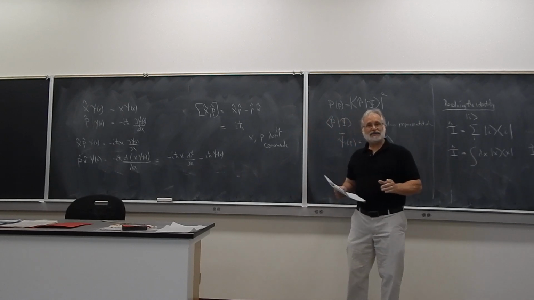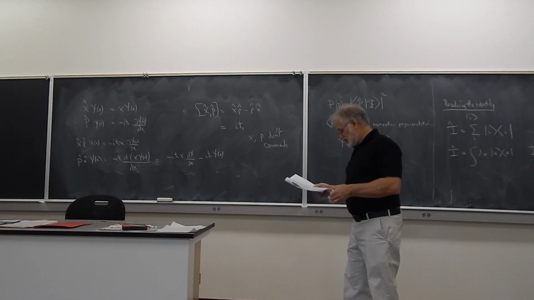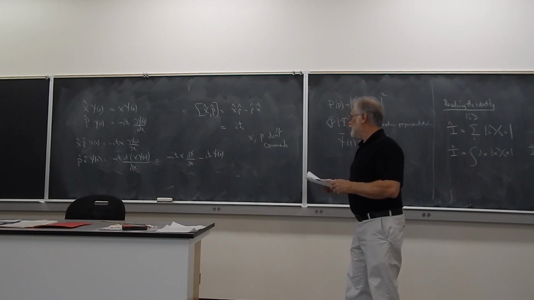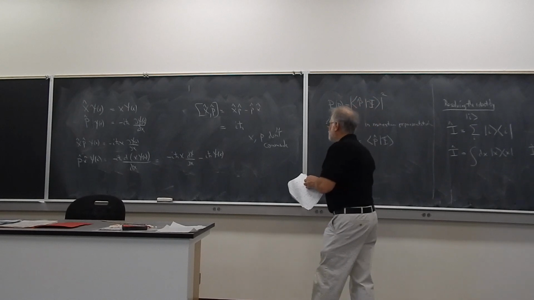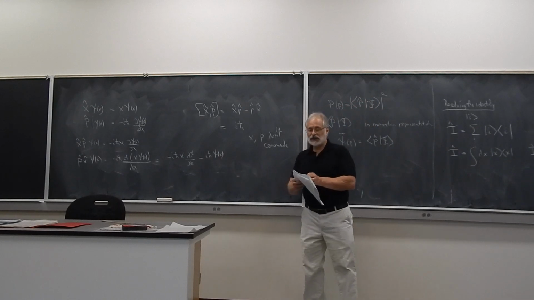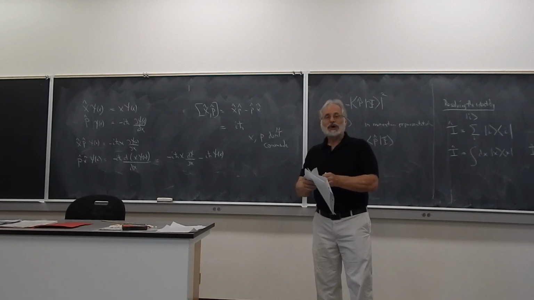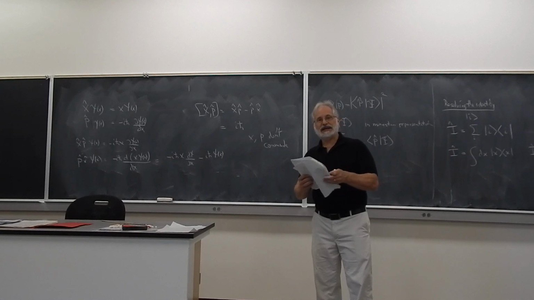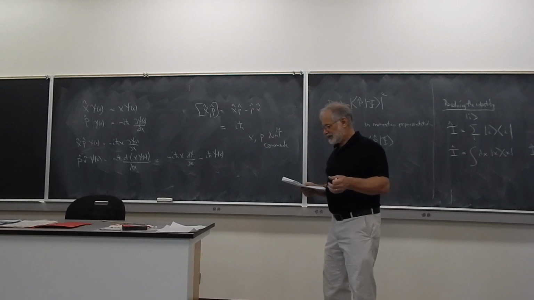It's not possible to find simultaneous eigenvectors for two non-commuting observables. You can't find two simultaneous eigenfunctions or eigenvectors for momentum and position. What that means is that you cannot simultaneously ascertain momentum and position.